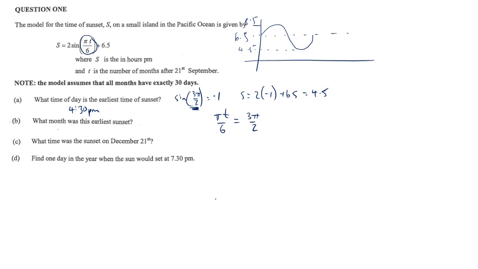So times that by 6 and divide by pi, so t will be 18 pi over 2 pi, which is 9. So 9 months after September. Up here, September is month 0, so 1, 2, 3, 4, 5, 6, 7, 8, 9 months after September: October, November, December, January, February, March, April, May, June. So it's going to be in June.